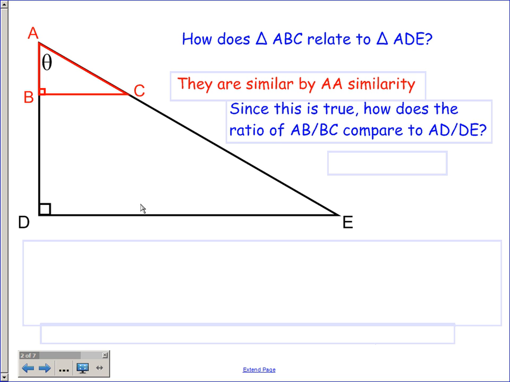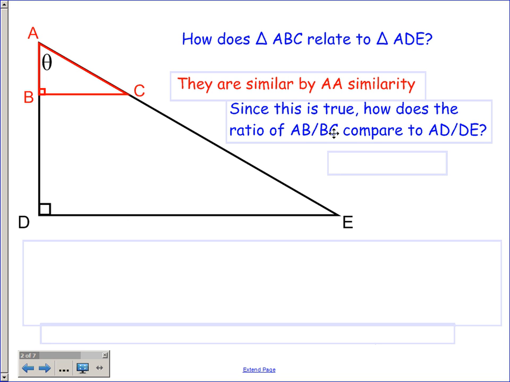Since this is true, how does the ratio of AB over BC compare to AD over DE? Well, AB as a numerator and AD as the numerator of the two different fractions are corresponding sides. BC as the denominator and DE as the other denominator are also corresponding sides.